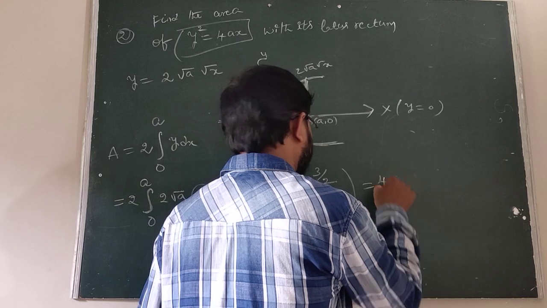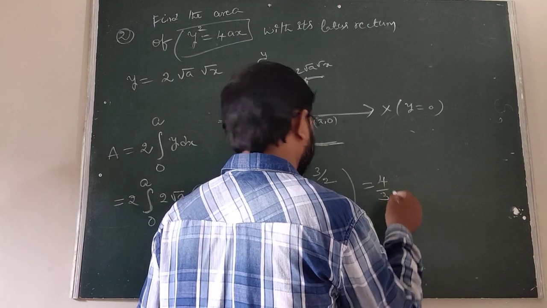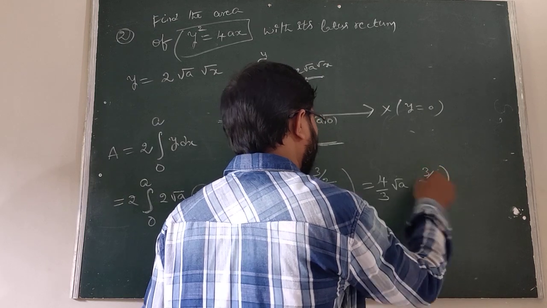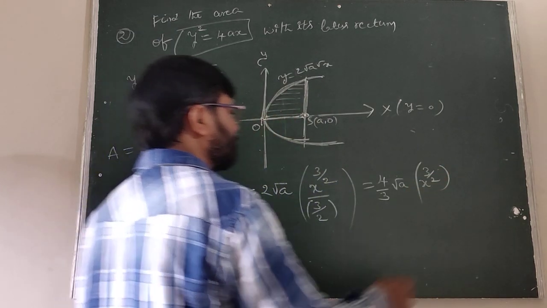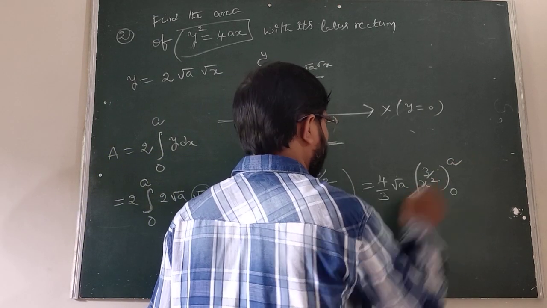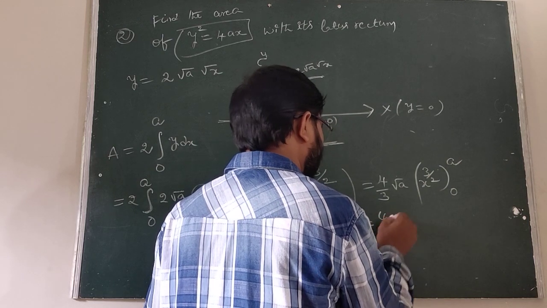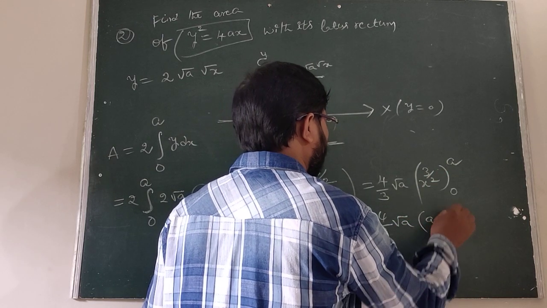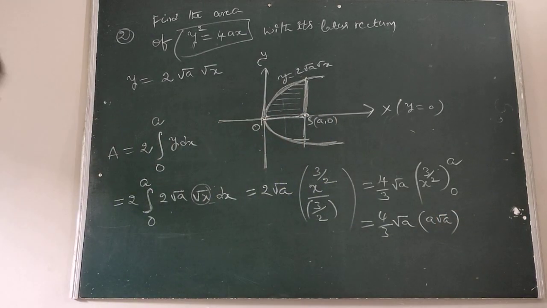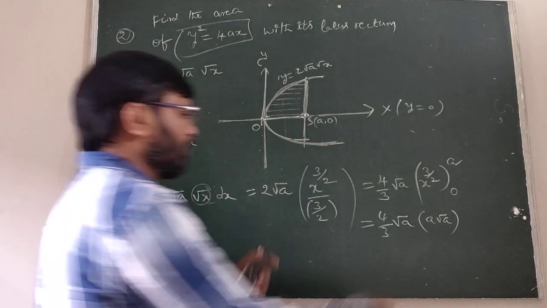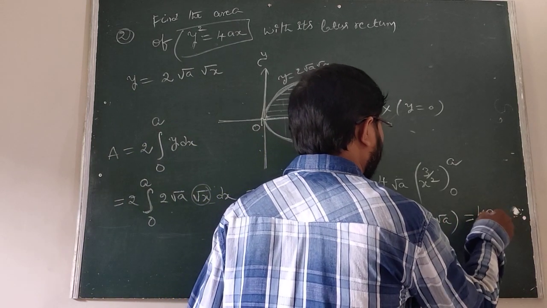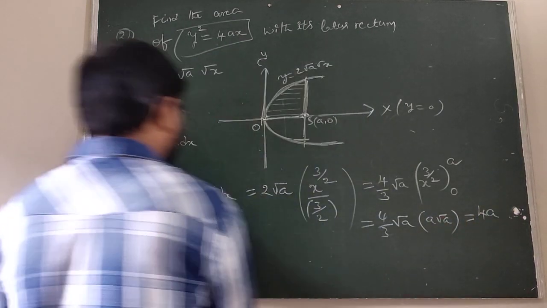That can be written as 4 by 3 into root a, x power 3 by 2. We take the limits 0 to a. Now this is 4 by 3 into root a, into a root a, minus 0. Root a into root a is, now you can write 4 a square.